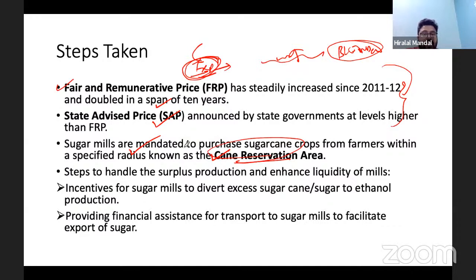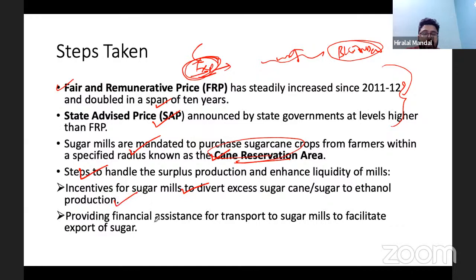What are the other things that the government of India has done in order to incentivize the mills, and more importantly, to deal with the surplus production, and the availability of liquidity for mills? So there are incentives for sugar mills to divert excess sugar cane to ethanol production.